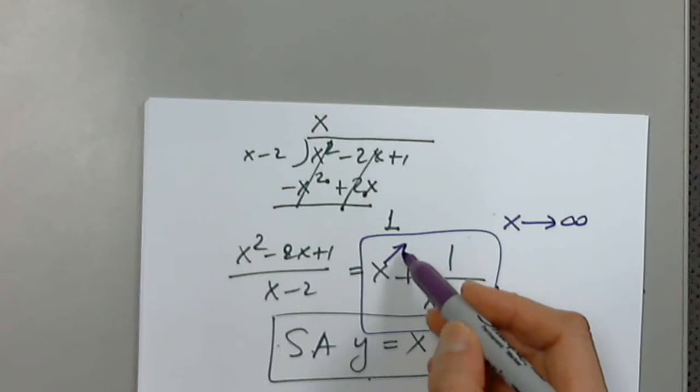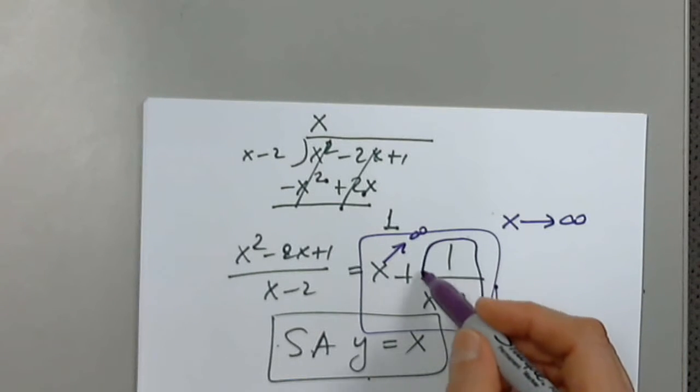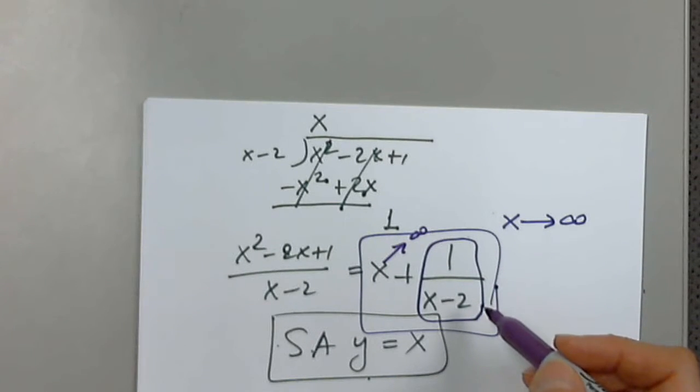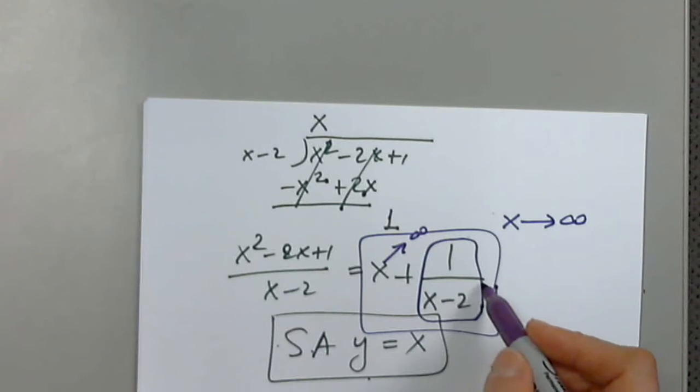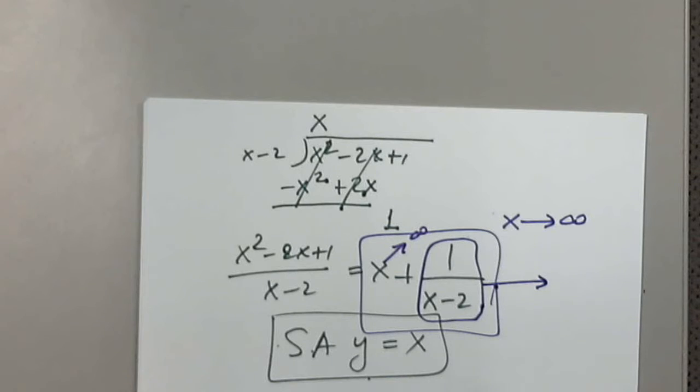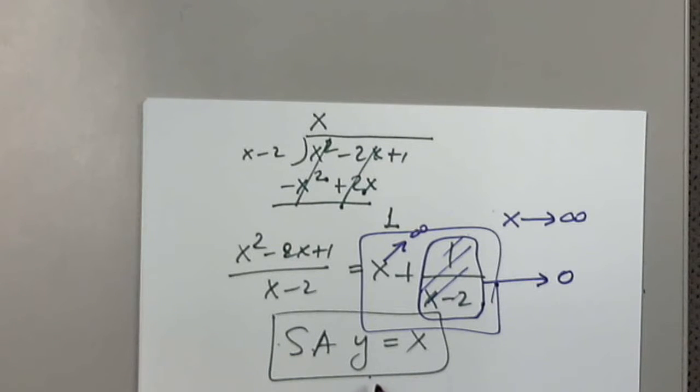Well, this approaches infinity, but what does this approach? Remember from type 2, 1 over huge. Where does this go? 0. Exactly. That's why this piece does not count when it comes to the slant asymptote, because it will always go to 0.